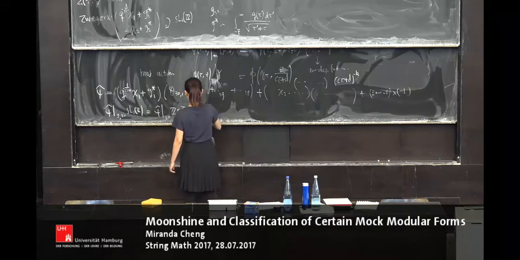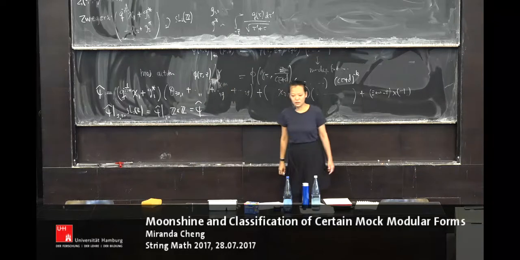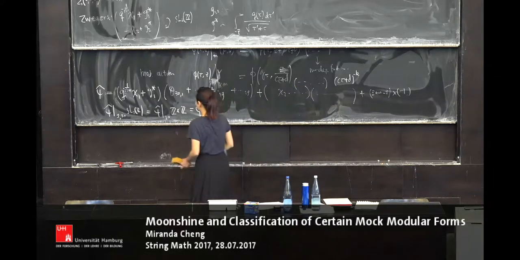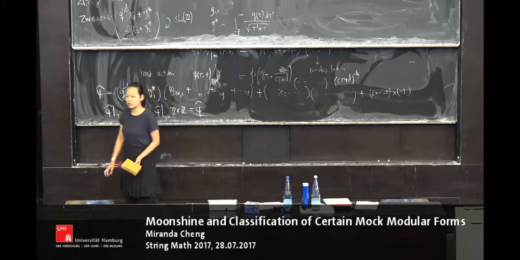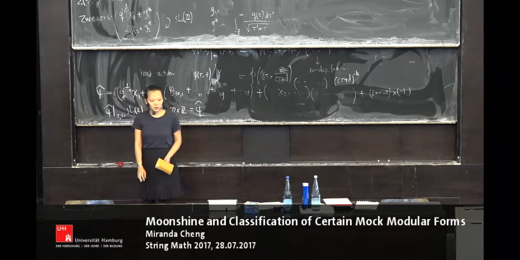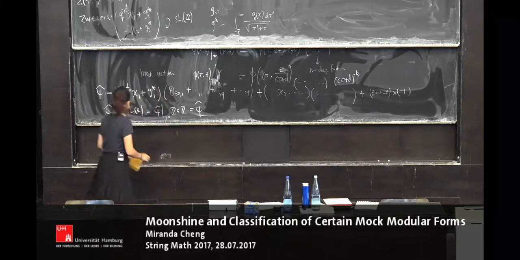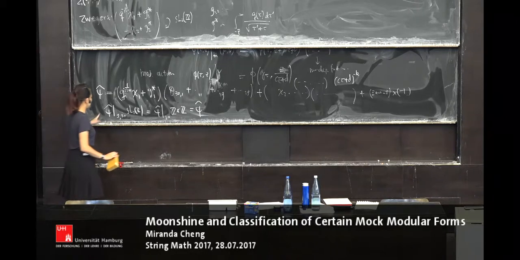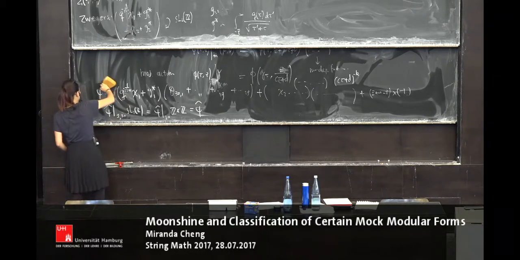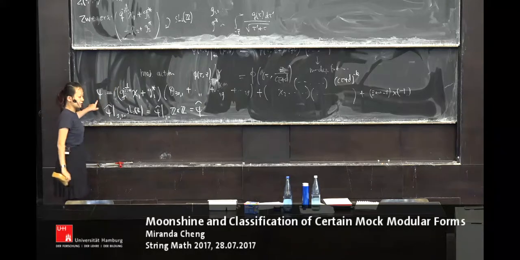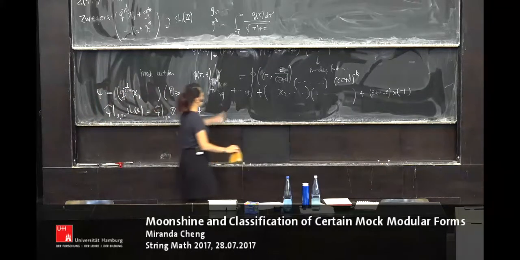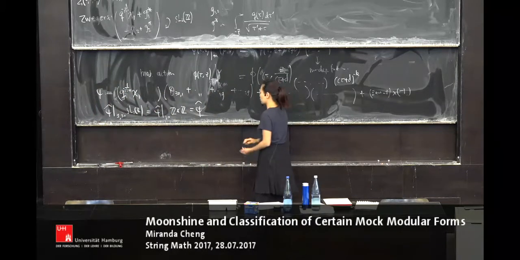Okay? So this is very remarkable. And this is due to, again, Zwegers and later refined in the work by Dabholkar, Murthy, and Zagier in the year 2012, I believe. Then we define another two-variable function, now holomorphic, by simply erasing the correction term.